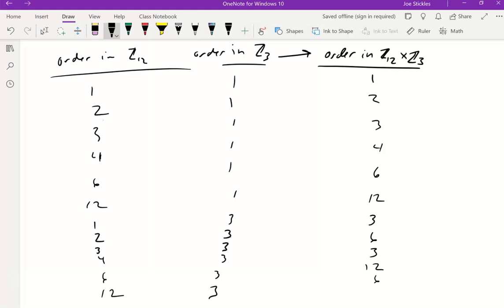And 12 and 3 give you 12. Everybody see where those are coming from? This is the least common multiple of those two things. We're pairing elements of a certain order in Z12 with an element of a certain order in Z3 and looking at their least common multiples. I'm just writing out the list of possibilities.